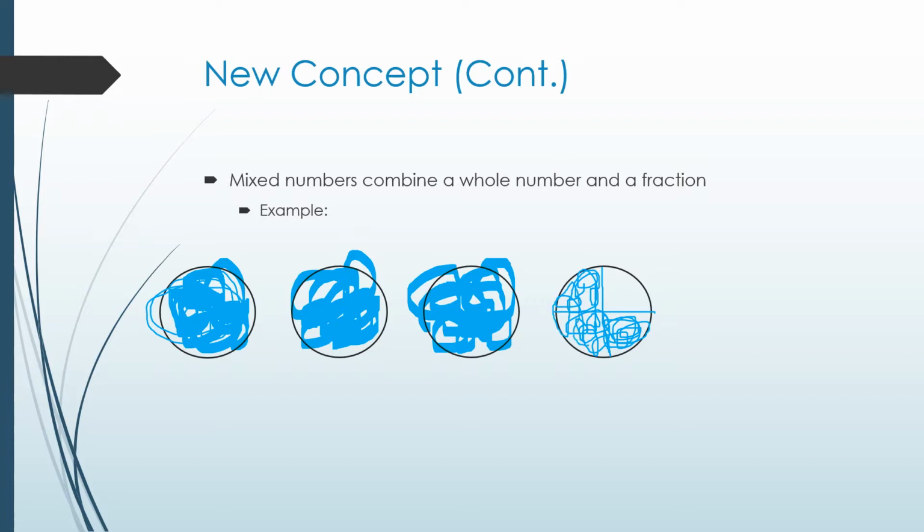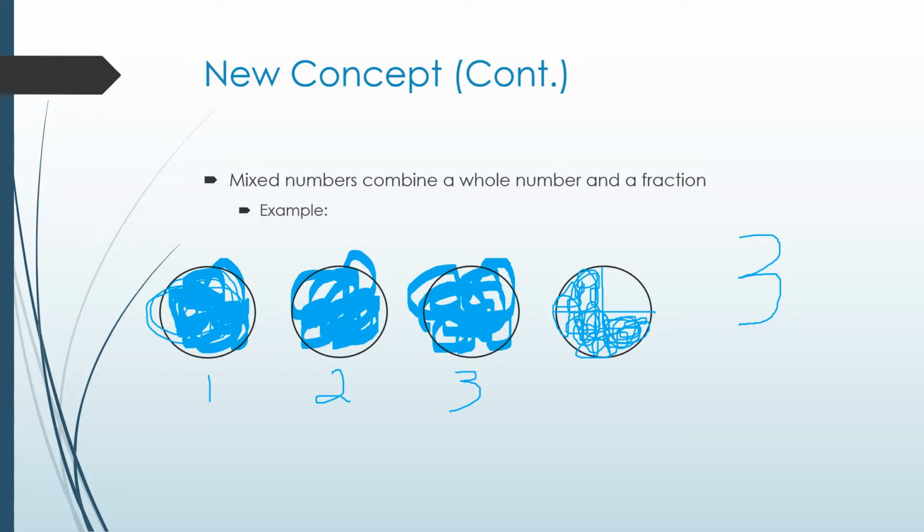So if I want to tell you in a mixed number how many circles are filled in, I first look at how many whole circles are filled in. Well, I've got 1, 2, 3 whole circles. So the whole number of my mixed number is 3.